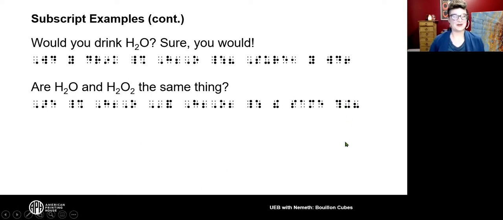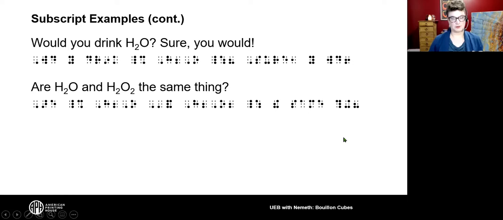Are H2O and H2O2 the same thing? So the only things that are technical content here is the H2O and H2O2. Look at all of our subscripts being so sleek in Nemeth Code. The content of the sentence, the narrative text, are and the same thing.